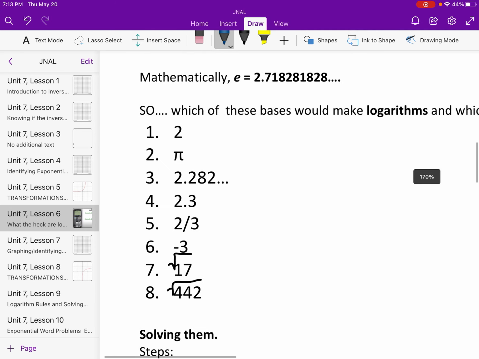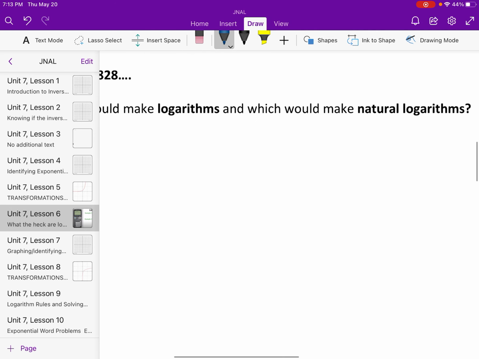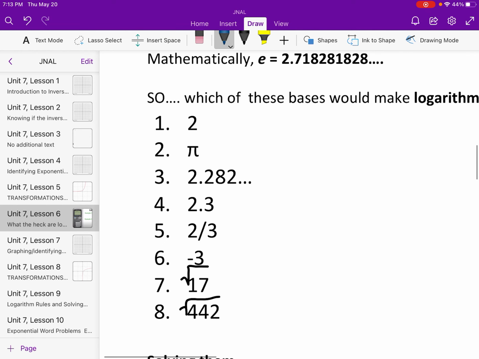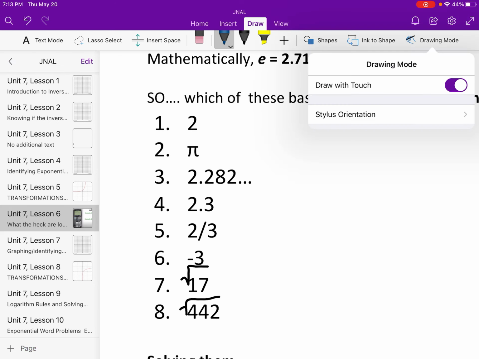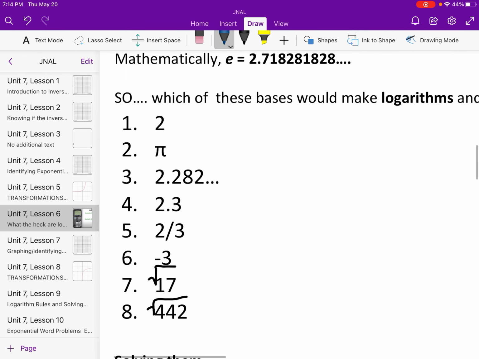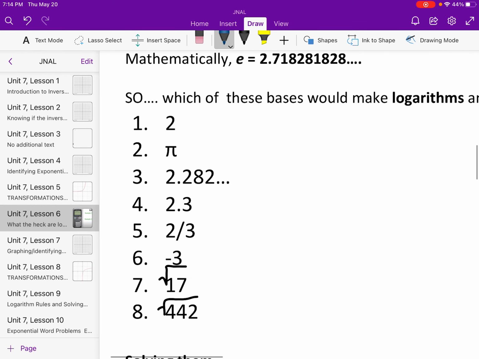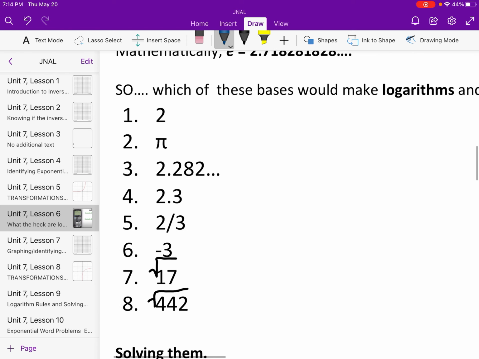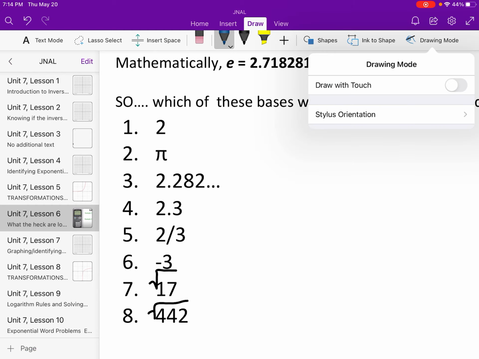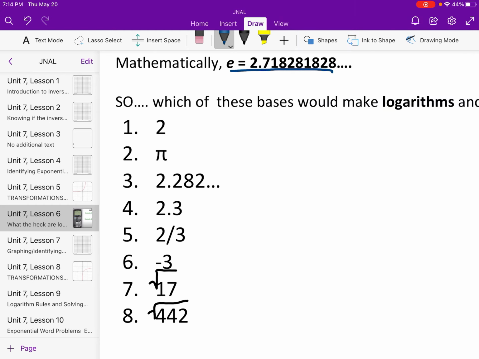So, which of these bases would be natural logarithms and just normal logarithms? So if you had a base of 2, well, this actually isn't the correct thing to say. These wouldn't be the bases. These would just be the simplifications of the expressions, because like I said, E equals this.